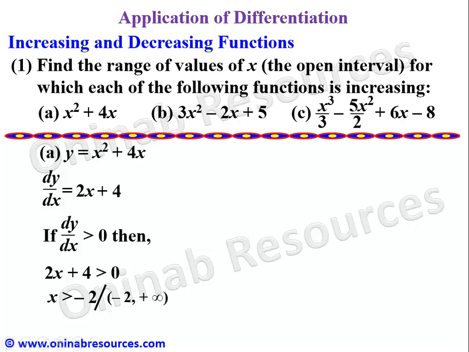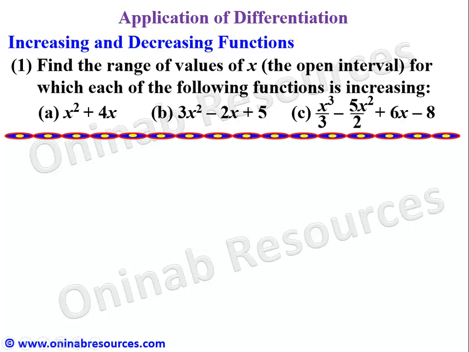So we go to problem 1b. For problem 1b, again we find the derivative of this function with respect to x. That's dy/dx is equal to 2 times 3 gives 6, reduce the power by 1, we have 6x, and the derivative of negative 2x is negative 2.